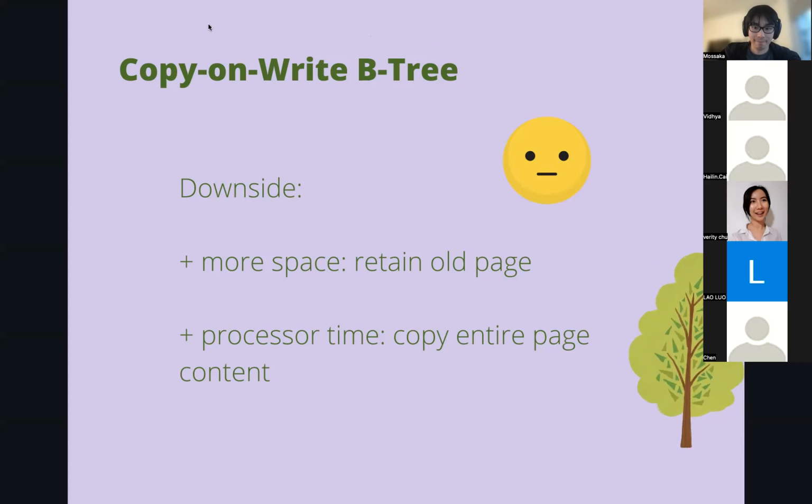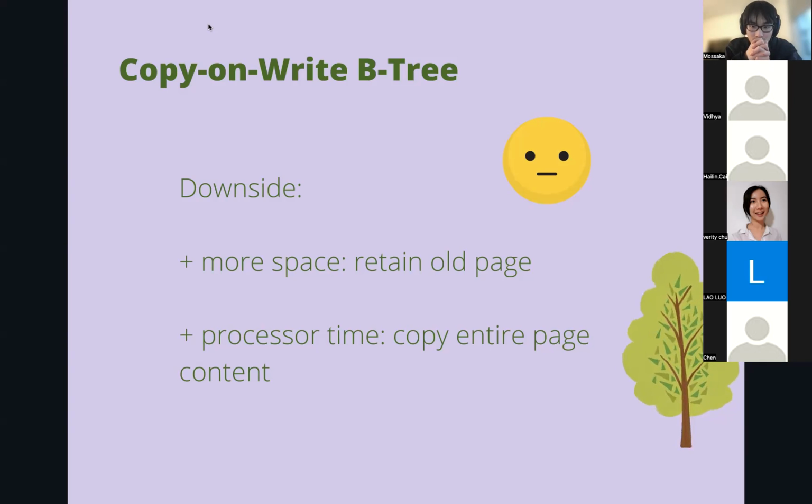Okay, thank you. Let's continue. With regards to copy on write B tree, as we can see in the previous slide, this is how it looks, with three different steps of how the algorithm works. It actually gives us two major downsides. The first one is it requires more space. Although we wouldn't keep the old page for a long time, it's a fairly short time, because once the new page is ready, we can just switch to the new page and reclaiming the resources used by the old page is fast.